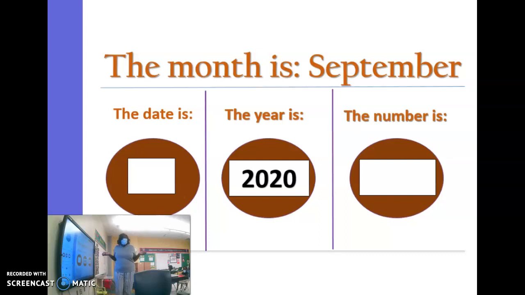How many syllables does September have? September. 3. A lot of our classmates are working on counting syllables. Today is the 18th. What's today? 18. Let's write it.